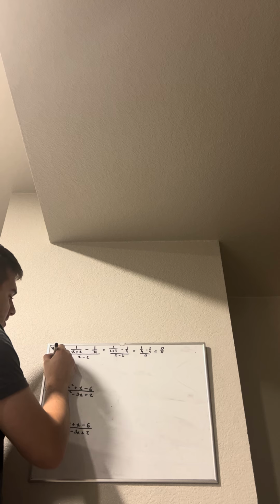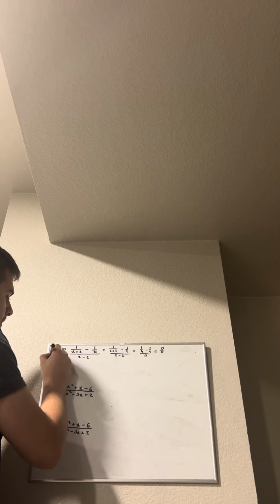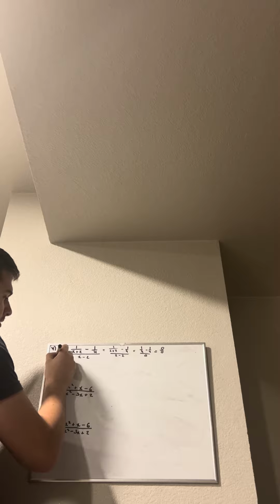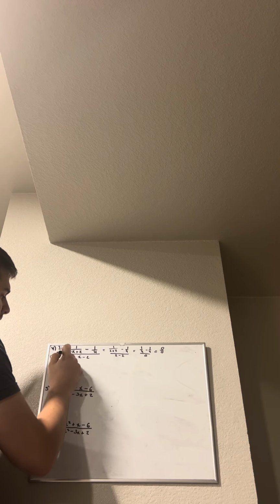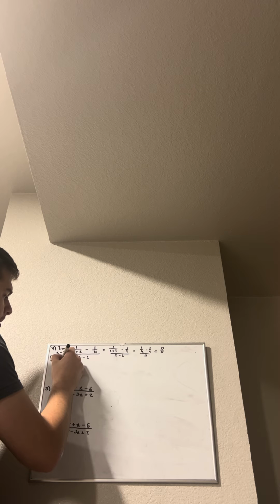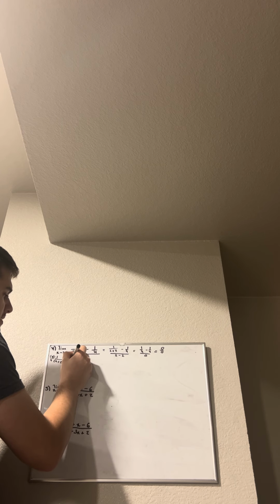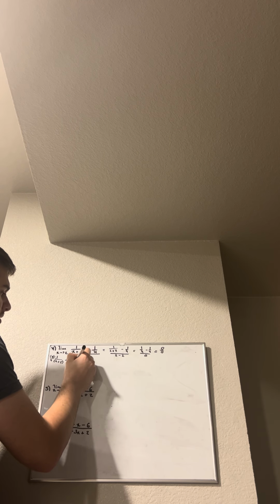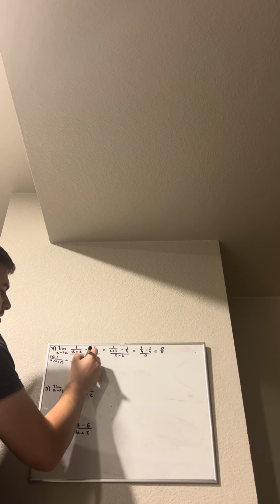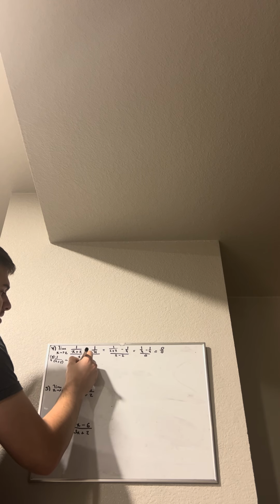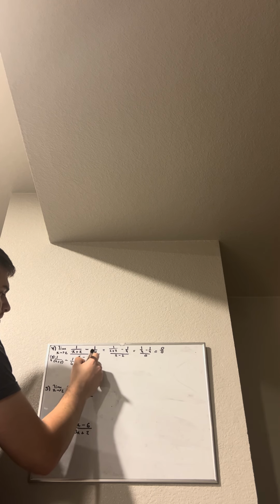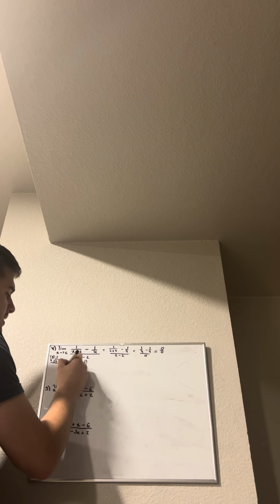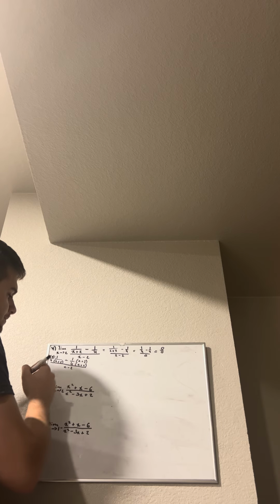So in this case we can do 4 times 1 over 4 times x plus 2, and then minus 1 over 4 times x plus 2, times x plus 2, all that over x minus 2.